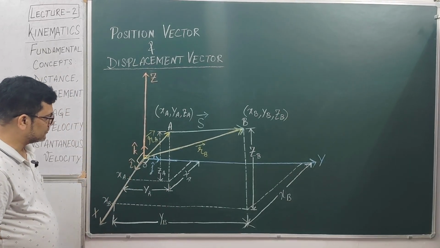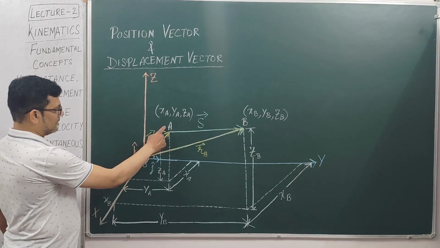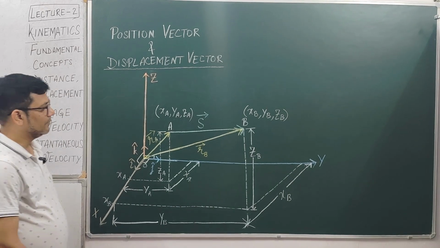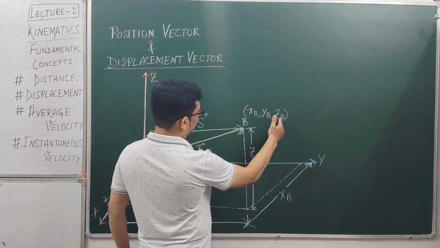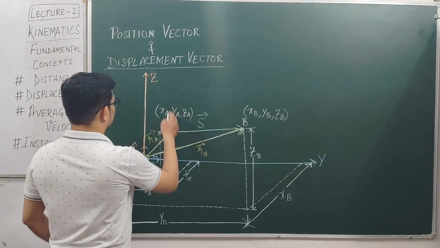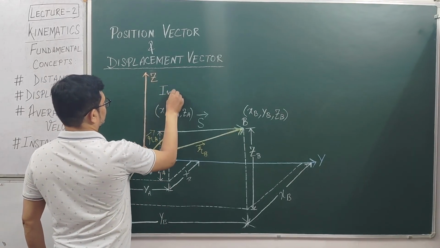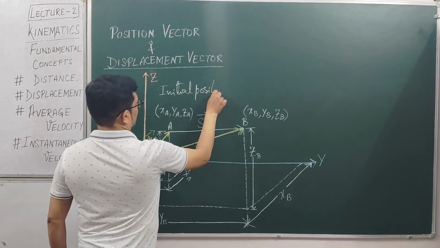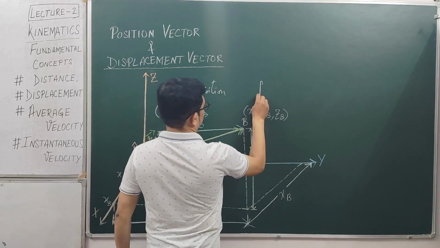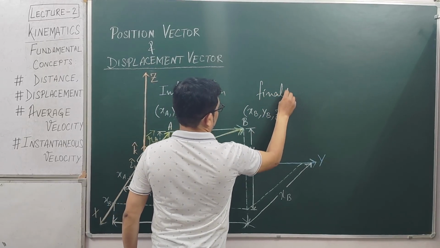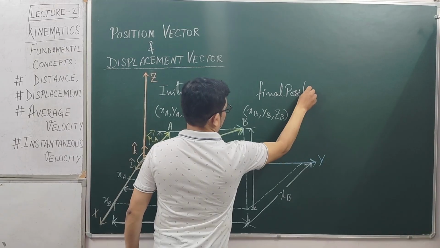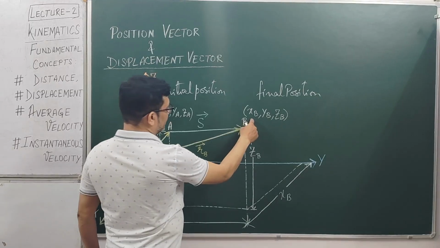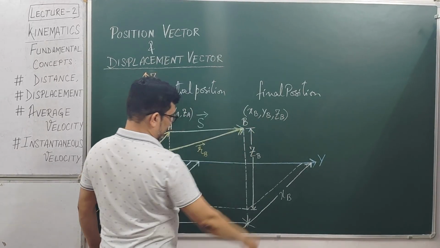So this is three-dimensional, you need to imagine that. We have now XA, YA, ZA as the initial position. Then we have XB, YB, ZB as the final position. So we can write it here. This is the initial position, and this is the final position. So the coordinate of B is XB, YB, ZB.